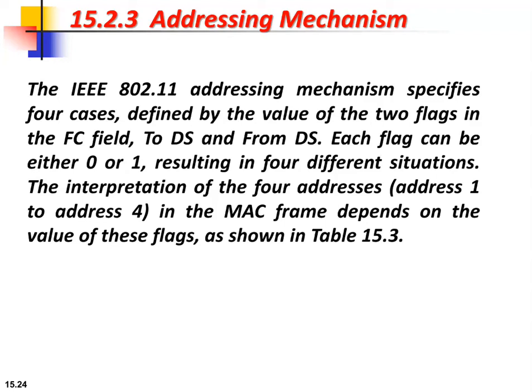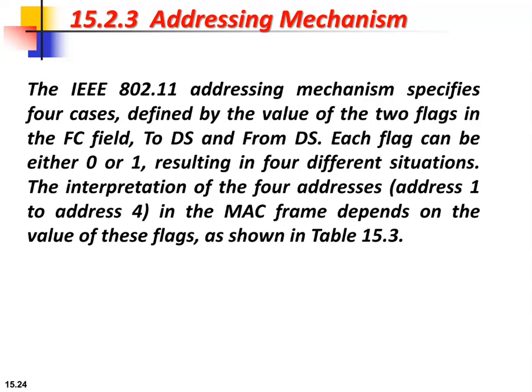The IEEE 802.11 addressing mechanism specifies 4 cases defined by the value of 2 flags in the FC field, that is To DS and From DS. Each flag can be either 0 or 1, resulting in 4 different situations. The interpretation of the 4 addresses in the MAC depends on the value of these flags.